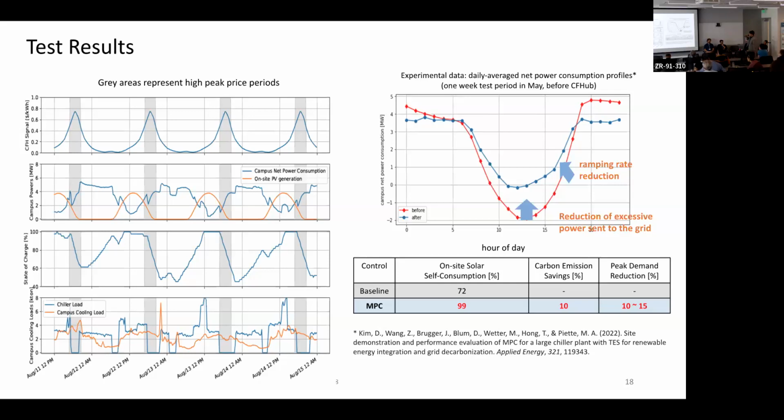You can see the net power consumption for the conventional case typically goes to around 2 megawatts, which means on-site renewable generation is basically going back to the grid. But after running the MPC, we almost 100% eliminate this excess on-site generation, and also smooth the load curve in the campus.